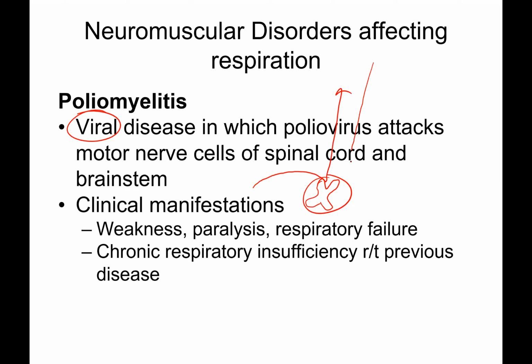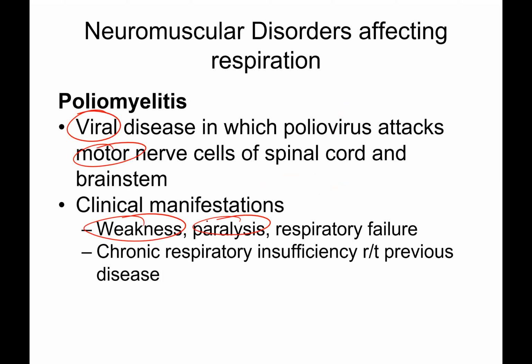No, not the ALS, sorry. That hits the motor areas of the cord that go out of the anterior nerve root, the anterior or ventral horn. So the virus hurts the motor areas of the cord. Because of motor loss, you start to have weakness, a type of paralysis, and breathing failure.